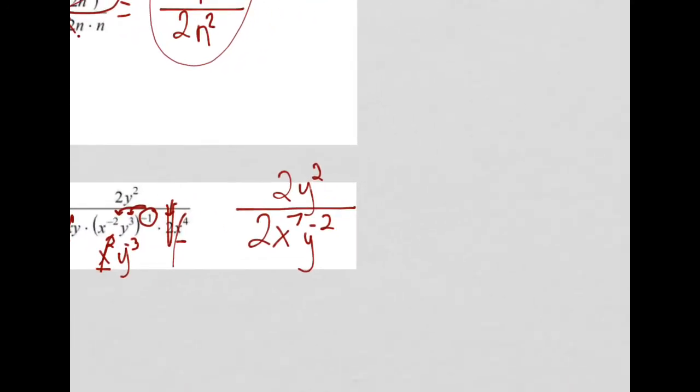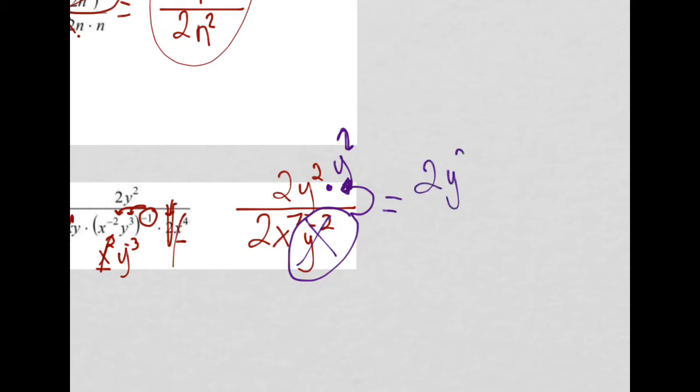Okay, so I'm going to take my -2 here and I'm going to bump him up here. Because when I do that, the negative goes away and we just keep the number and he disappears from here. So now I have 2y squared times y squared over 2x to the 7th.